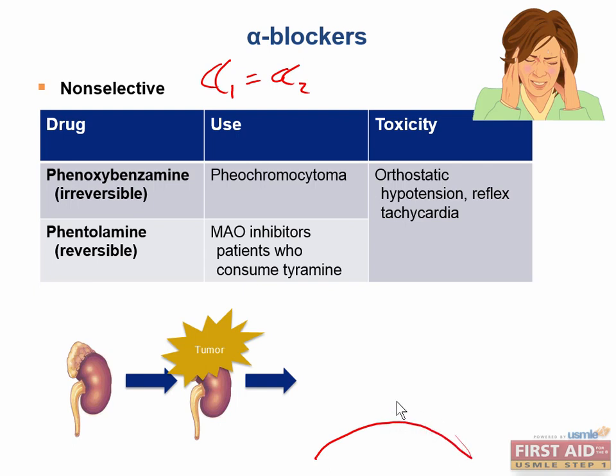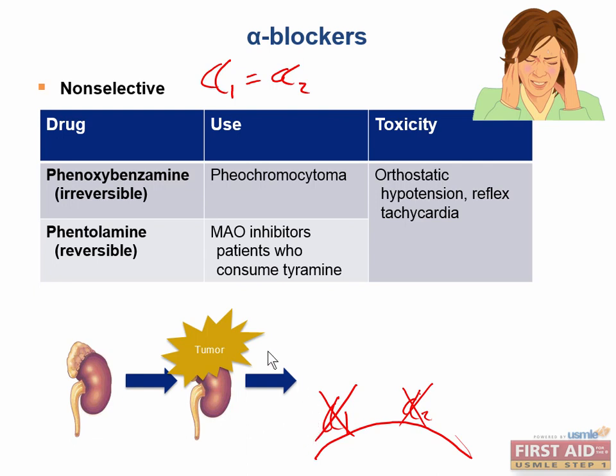So here's our cell. We're going to have an alpha-1 receptor and an alpha-2 receptor. Our phenoxybenzamine, which we give prior to surgery, is going to knock both of these receptors out. So when the catecholamine-secreting tumor is removed or resected, any accidental surge of catecholamines that gets released into the bloodstream is not going to have an adverse effect on the body.